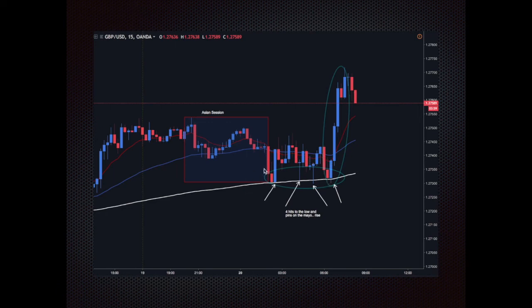They're going to hit it as many times as they need to convince you to go short, so that way they can go long. Also on this one, you see how it's always pinning to the Mayo as well. You see how the Mayo line here is protecting. That's another good confirmation signal as well.